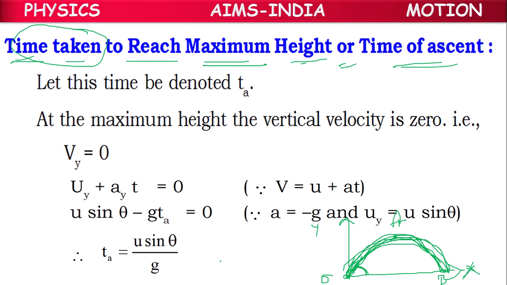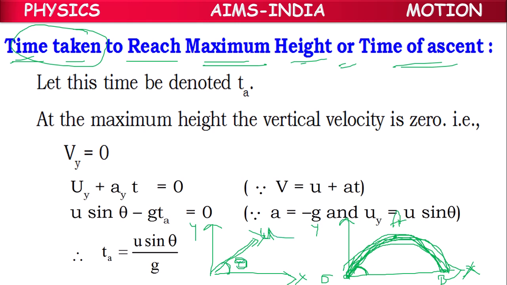Actually here we are throwing with a velocity u at an angle theta other than 90 with the ground. This is the x-axis, this is the y-axis.